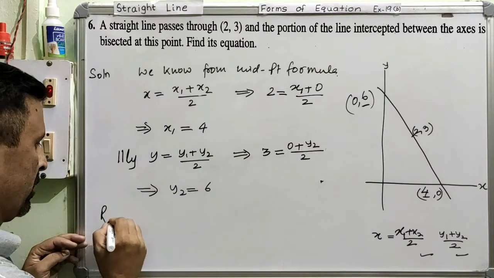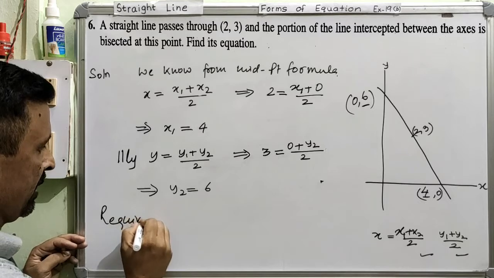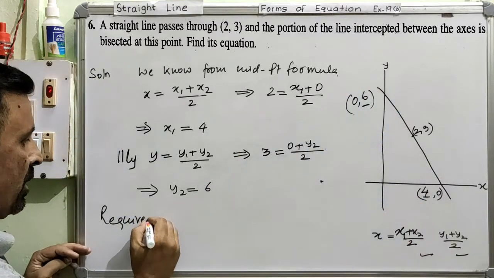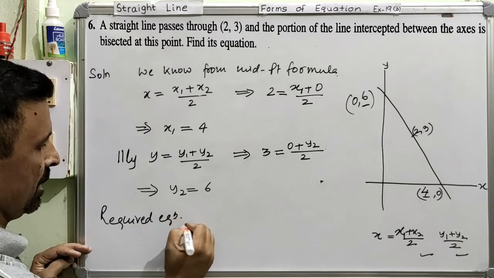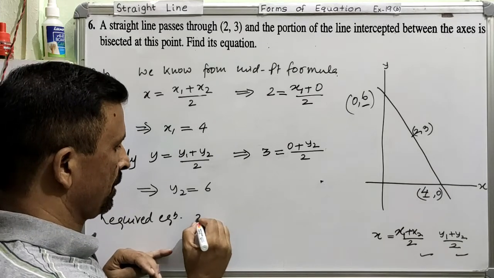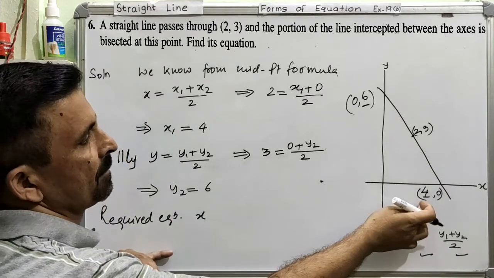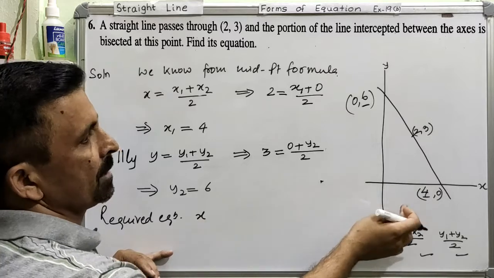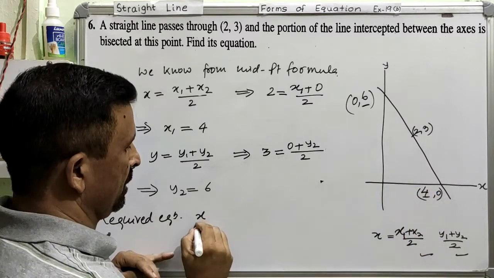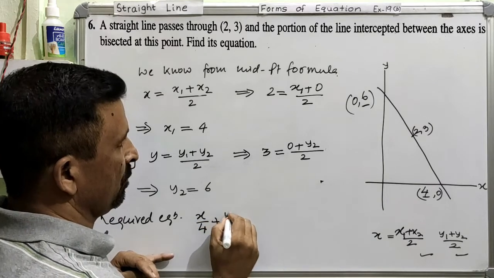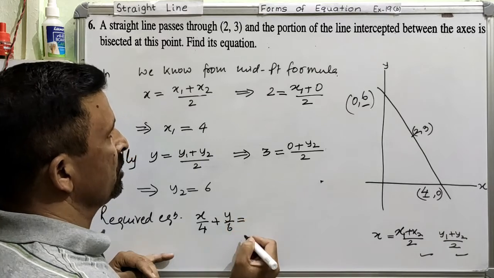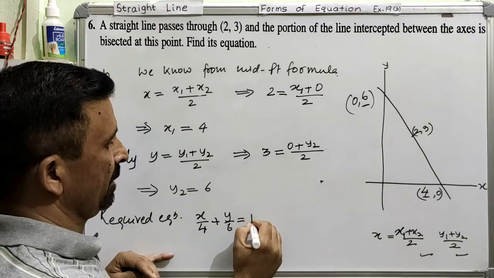Therefore, once you get the coordinates of this point and then this point, you can write down the equation. So the required equation will be x over 4 plus y over 6 is equal to 1.